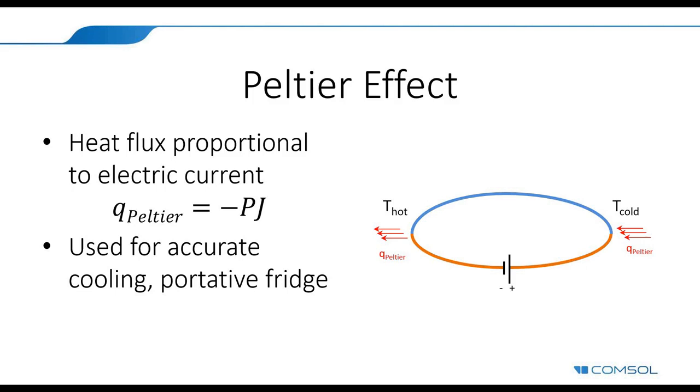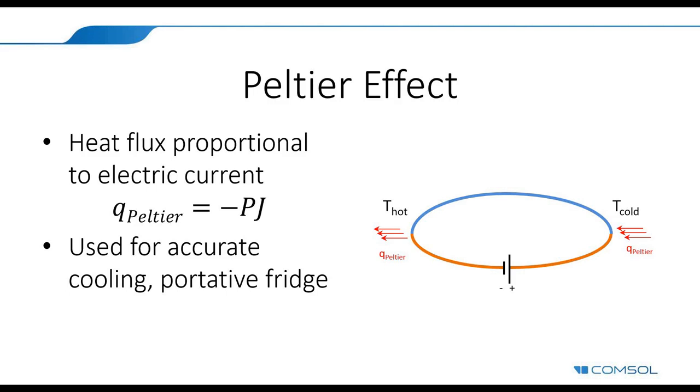If you prescribe a potential difference in the same loop, then you will see that at the junctions you will have a heat flux, one positive and one negative, depending on the junction, and this is an effect which is very interesting for cooling, for example for portable fridges or cooling devices that require high accuracy or that need to be very quiet.